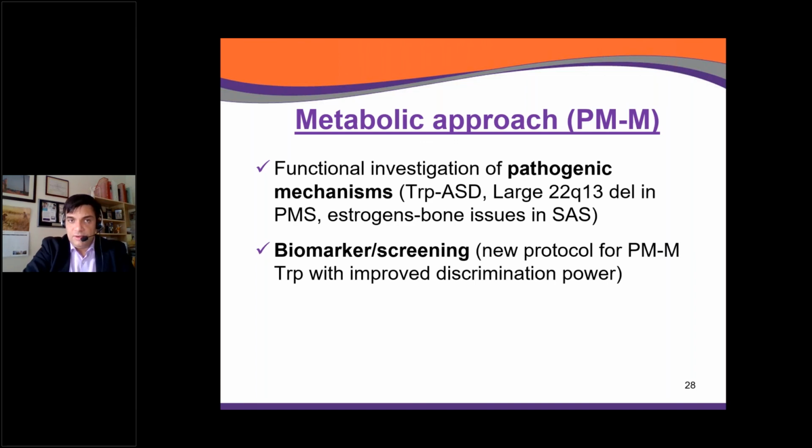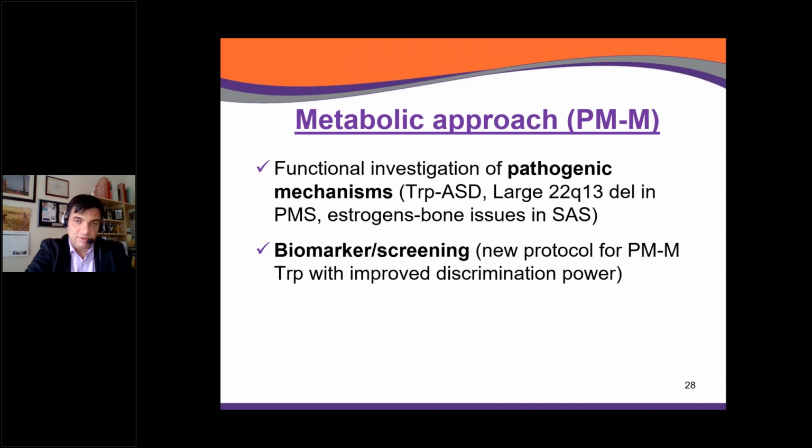We were also able to collect data that were very important for potential development of biomarker screening tests. For example, the new protocol for the PMM tryptophan plate with improved discrimination power might be very useful, not only to provide a lab test for ASD, but also eventually to screen individuals at high risk before the presentation of the symptoms.